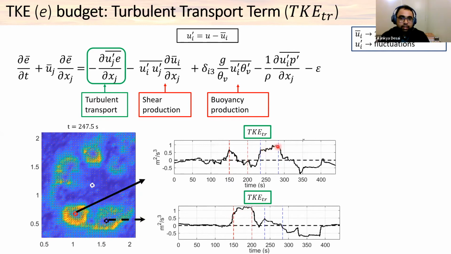You have increasing trends at fixed point one accompanied by decreasing trends at the other. That seems to suggest that there is some kind of energy exchange happening between these two fixed points via the turbulent transport term.